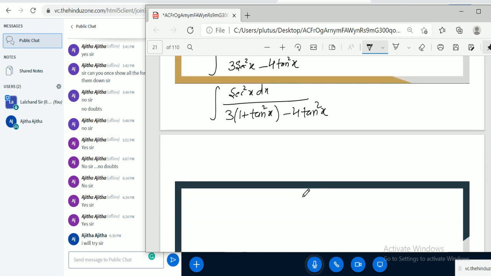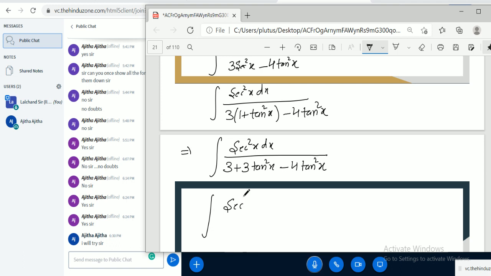So this will be sec square x dx over 3 minus tan square x.